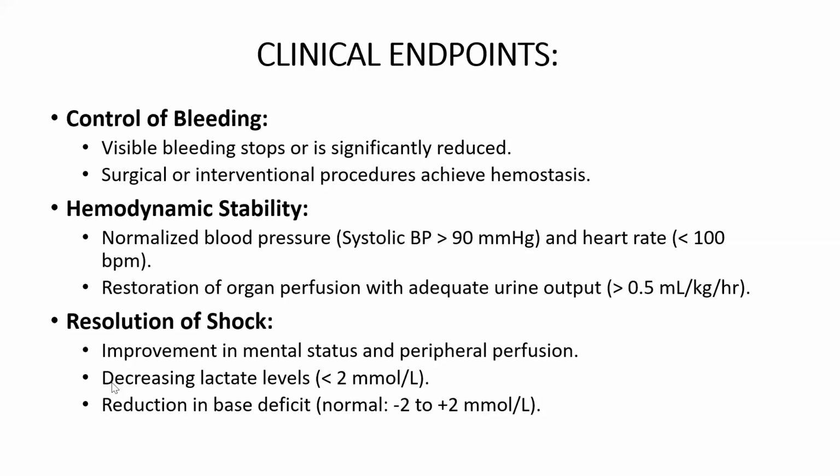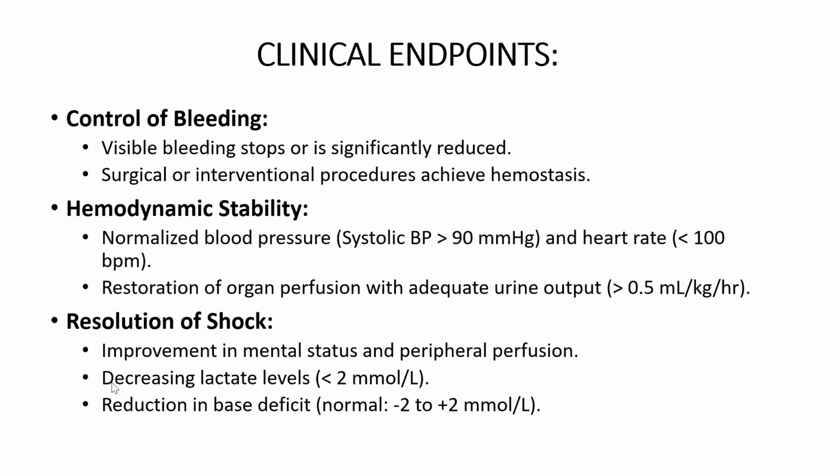Organ perfusion, any of the three windows: your sensorium should be good, your urine output should be good, and peripheral perfusion, like your capillary refill time, etc., should be improving.